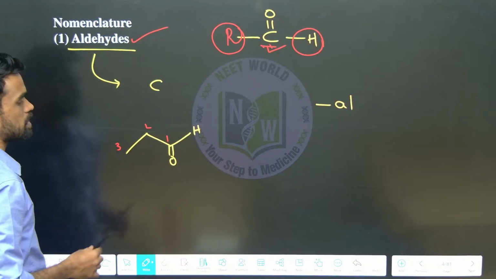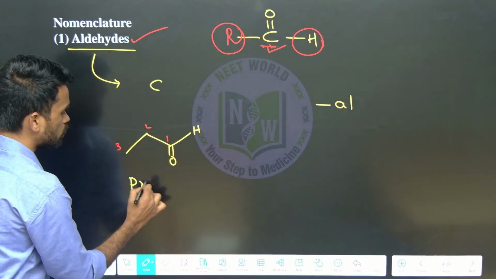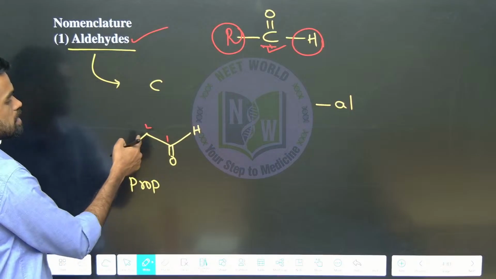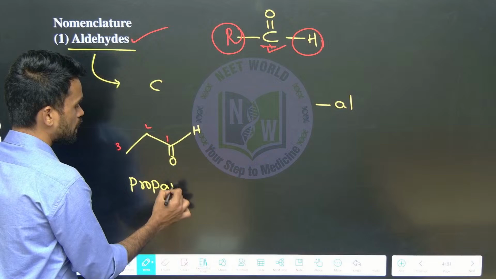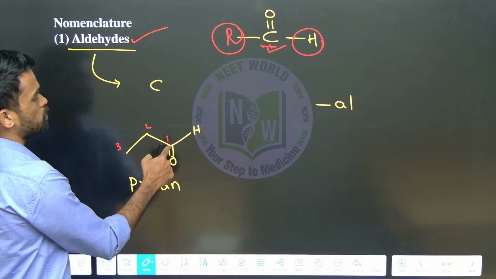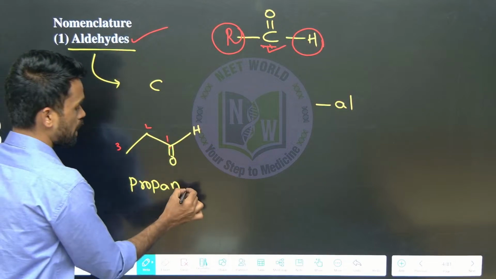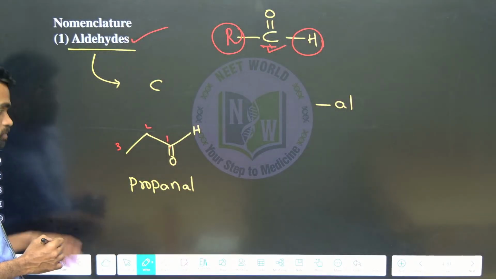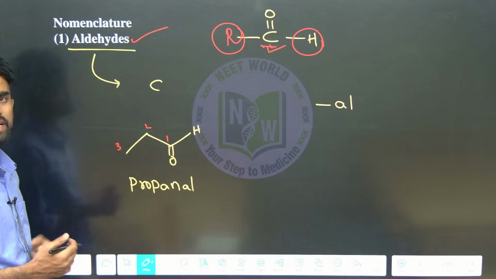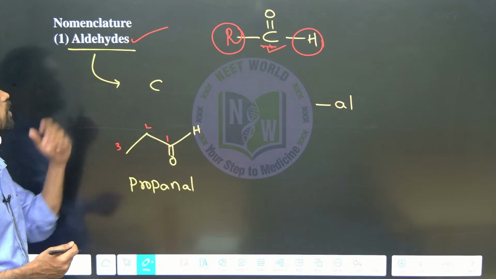Three carbons means prop, and it's a simple alkane, so propane. At the first position we have the double bond O, so propanal. This is how you write the IUPAC nomenclature for aldehydes.